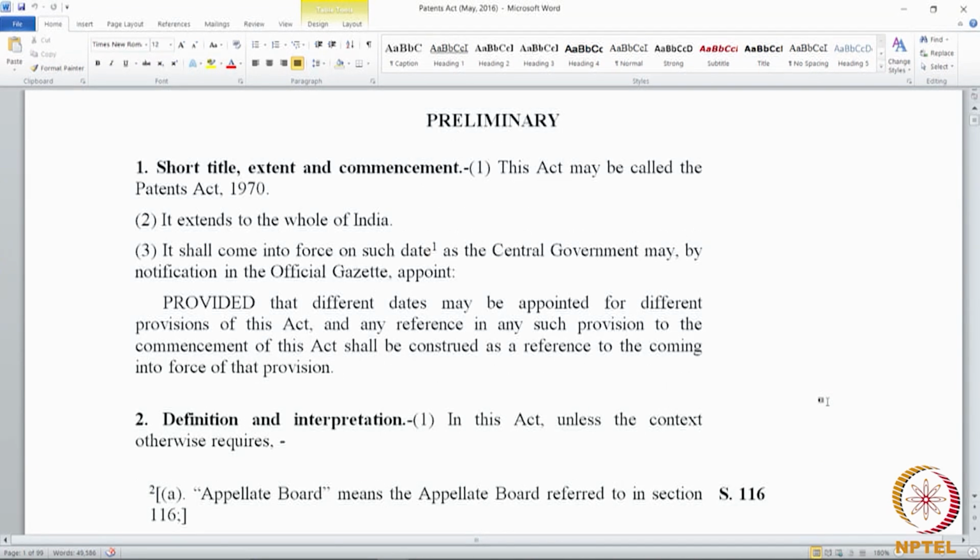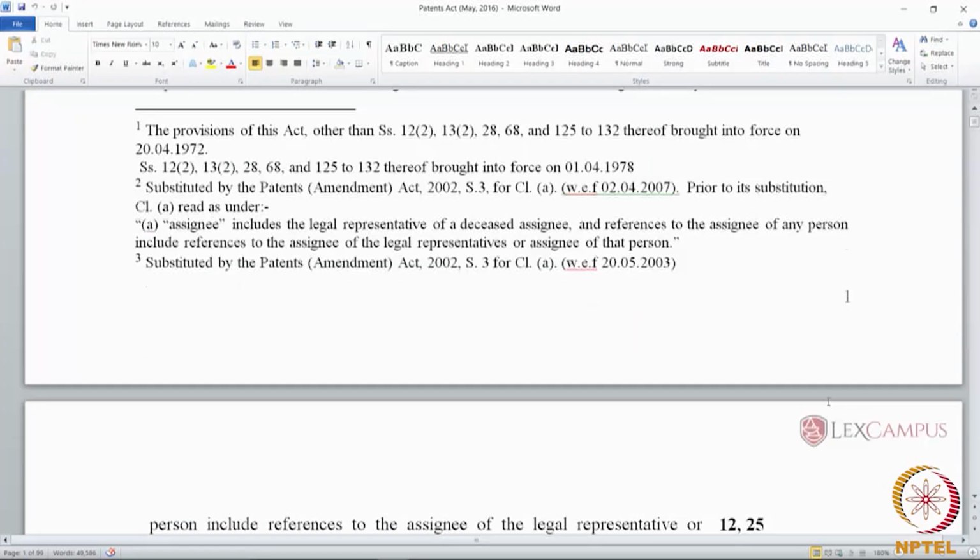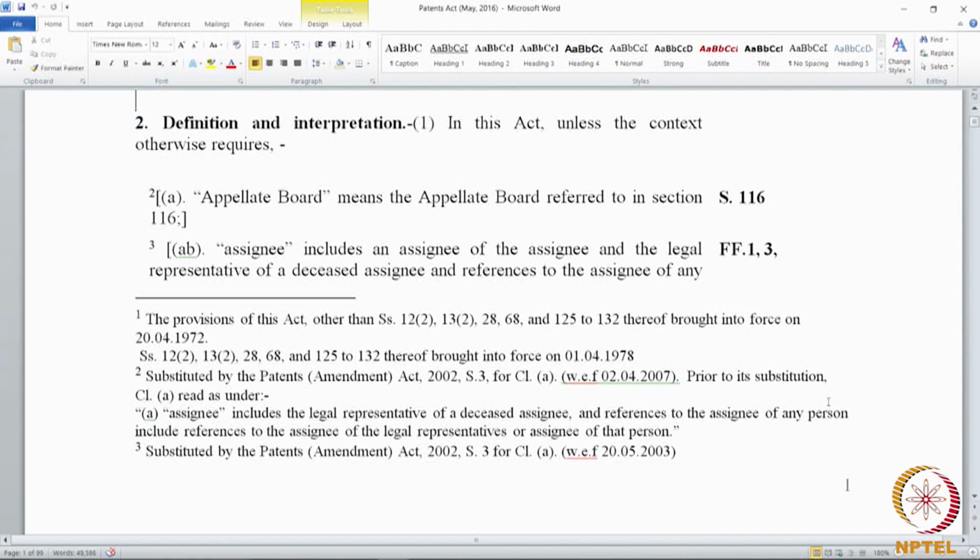Now after the title, extent and commencement, you have what we call the definition clause. Now definition and interpretation is a clause which defines and gives a particular meaning to words and phrases mentioned in the Act.